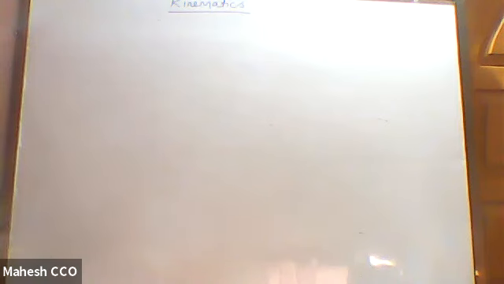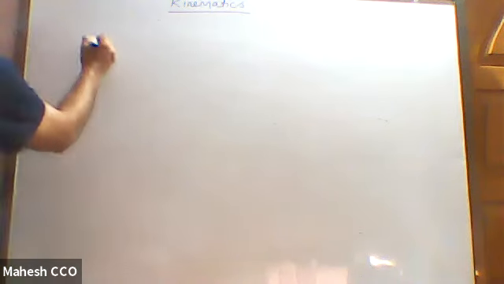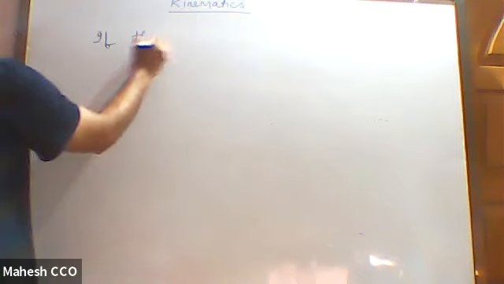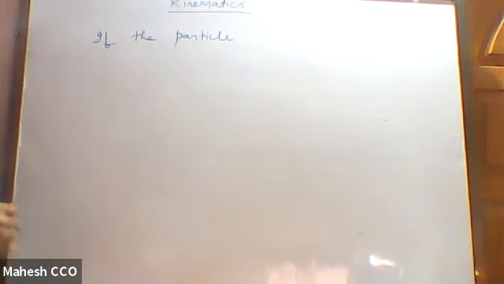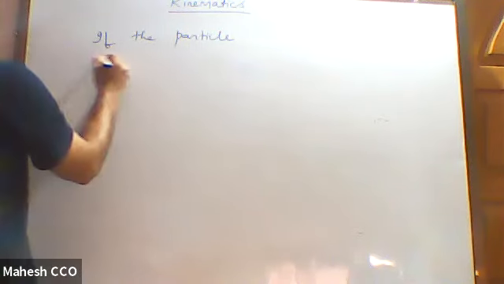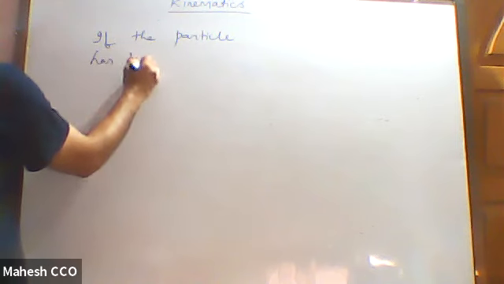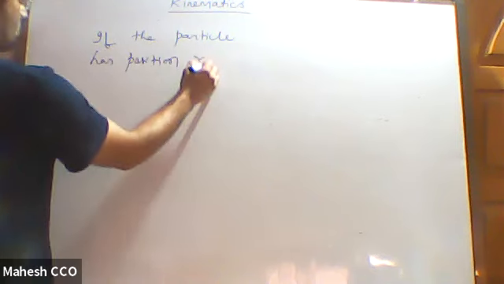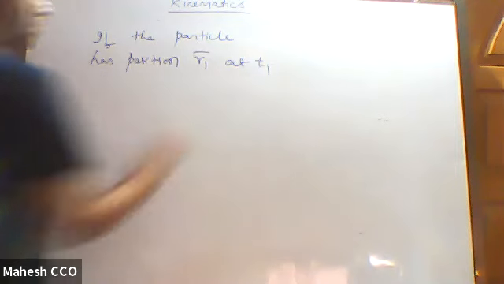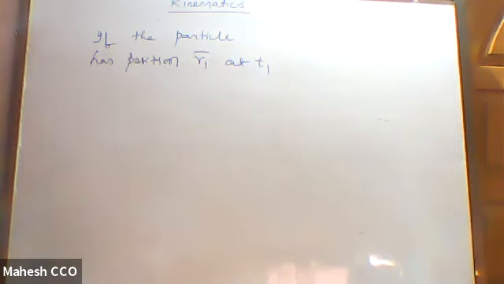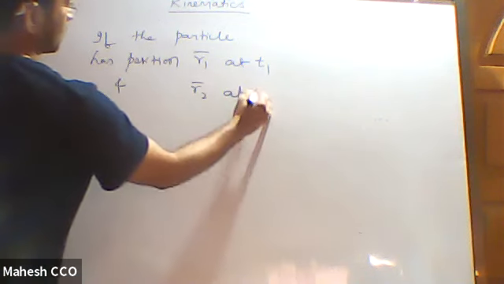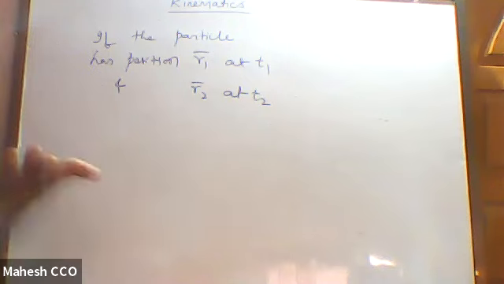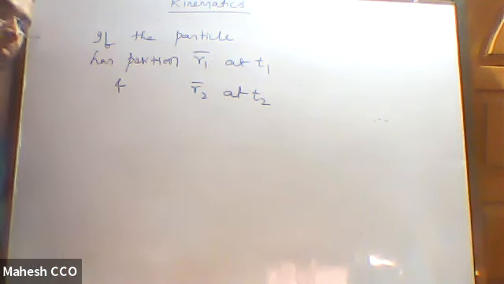So suppose the particle has a position r1 bar at t1 and r2 bar at t2, then what is the displacement in this time?